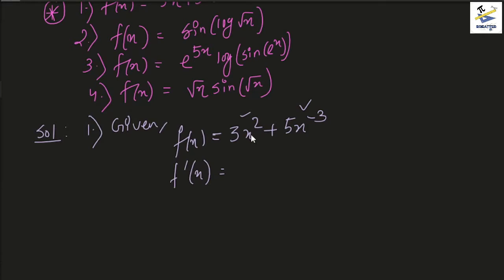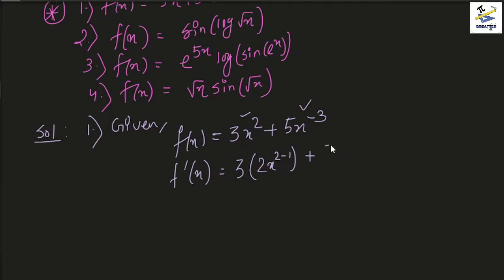Well, for polynomials of the form x to the power n, we remember the answer is n into x to the power n minus 1, right? So 3 is a constant which shall remain as it is, and for x square we should have 2 into x to the power 2 minus 1.